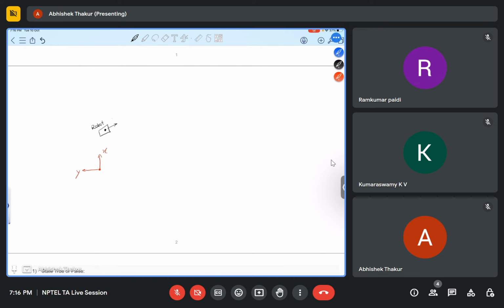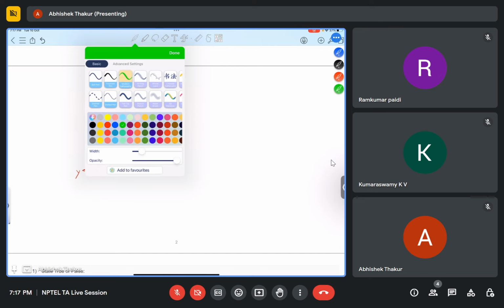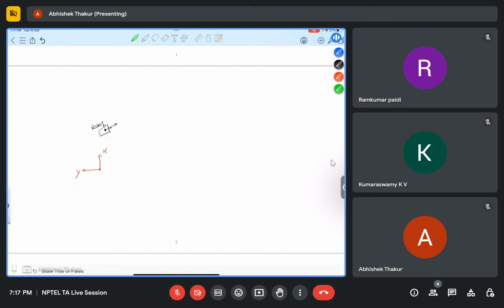Let's suppose this point is the axis of the robot and this is the heading, and out of the plane is the Z axis. Whenever we say the initial pose of the robot, it means the position of the robot with respect to the map, either the global map or local map.